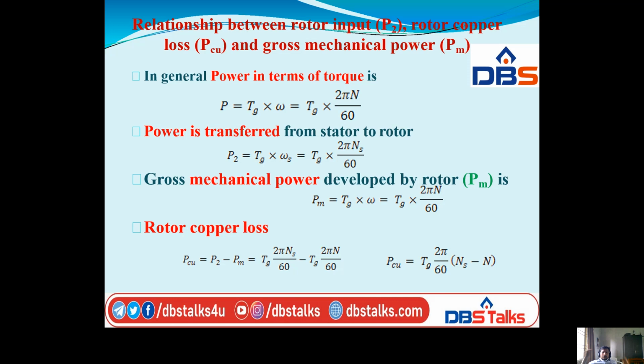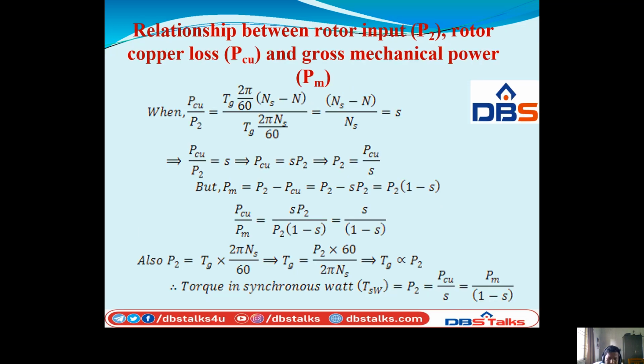Relationship between the rotor input, rotor copper loss, and gross mechanical power: P2, PCU, PM. PM is equal to P2 minus PCU, that is P2 minus S P2, that is equal to P2 into (1 minus S).